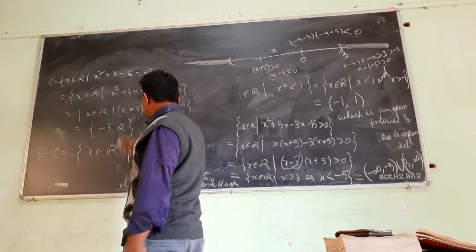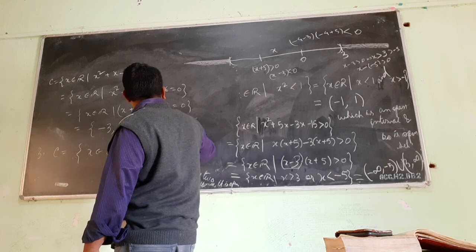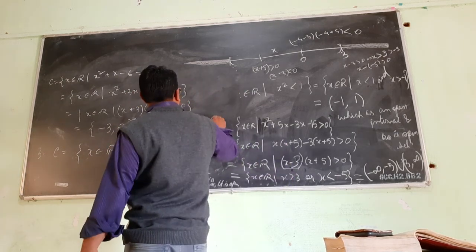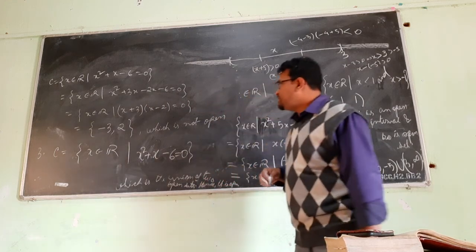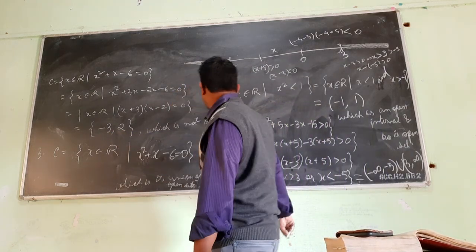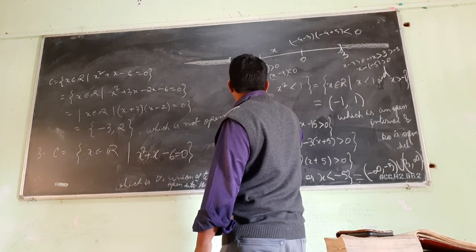So this set cannot be open, as it cannot contain any interval. This is a finite set having only the points minus 3 and 2, and it doesn't contain any interval.